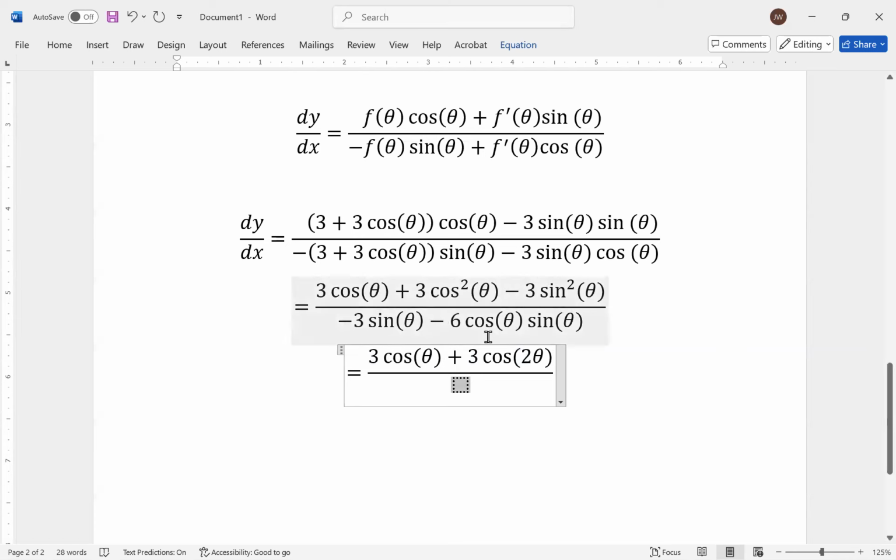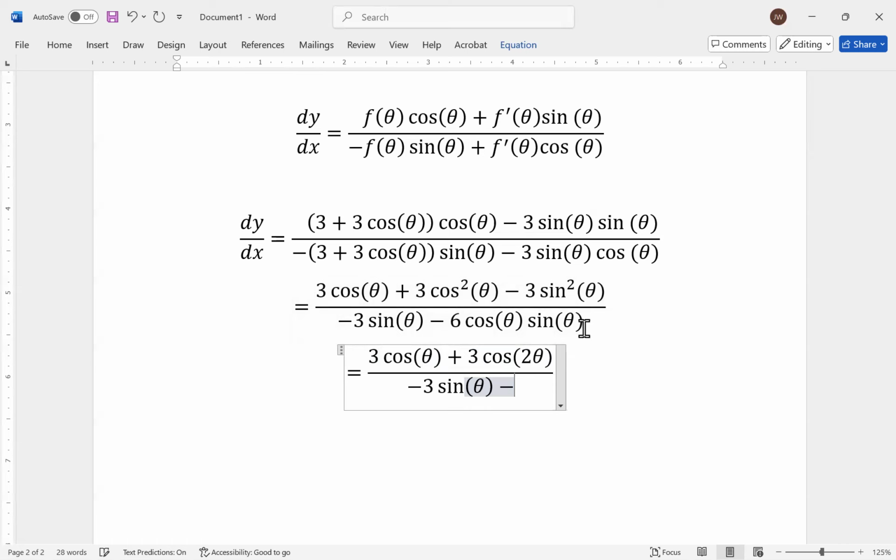And then in the denominator, we have minus 3 times sine of theta. And I said, if I have 2 times sine times cosine, that gives me sine of 2 theta.